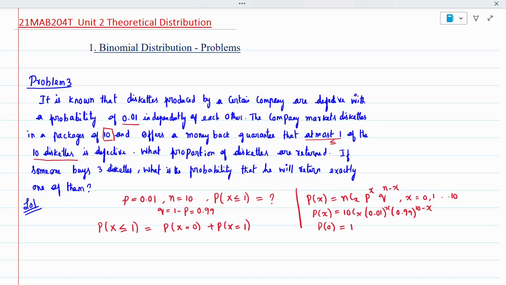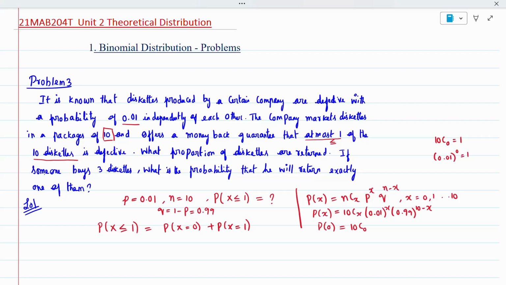So P0, when I calculate it: 10C0 is 1. Anything power 0 is 1, so 0.01 the whole power 0 is also 1.